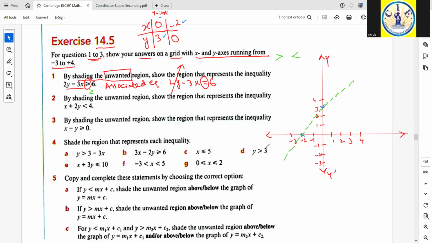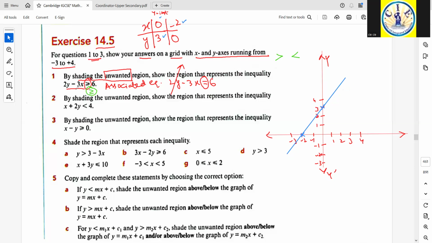Okay, so this is the difference between a closed inequality and an open inequality. So let me revert it back. Yes, because in this case we are given a closed inequality, greater than or equal to.